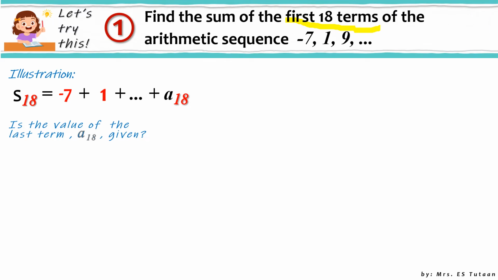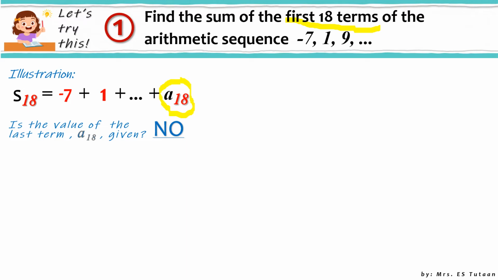So, the question is the value of the last term, which is A sub 18, given? Ma-identify ba natin ang ating last term? No. Bakit no? Kasi hindi naman binigay yung talagang value o yung talagang term na pang 18. Nilagay lang dyan pang 18 na term, pero hindi naman binigay kung ano yung pang 18 na term.